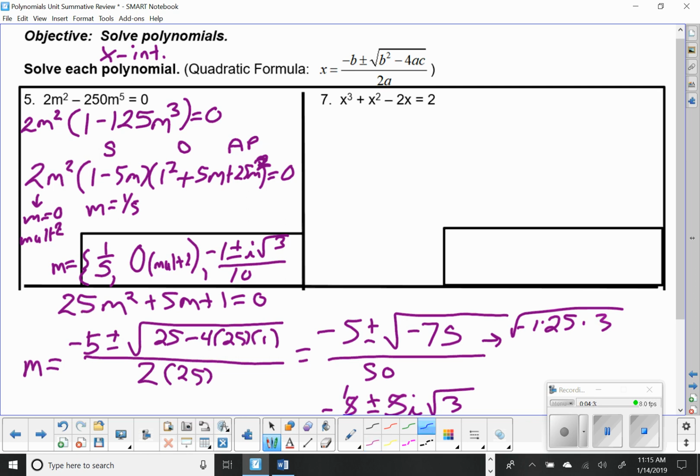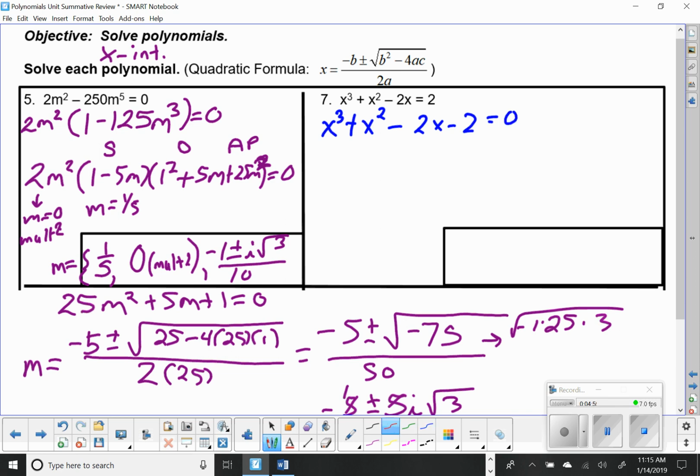Next up, this guy. Let's factor him by grouping. Oh, wait, I can't group yet. That's an equals. I've got to set the equation equal to 0. So I've got x cubed plus x squared minus 2x minus 2 equals 0.